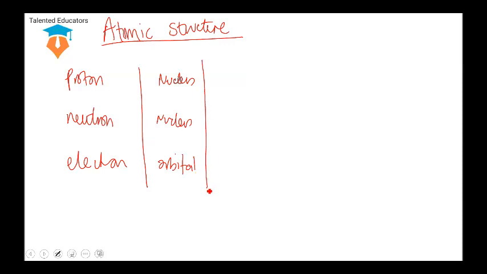Relative mass, we all know proton has 1, neutron is 1, and electron, well, electron varies, but they're very, very small compared to a proton and neutron. So you can either have 1 over 1840, or I know some books have 1 over 2000. They're all right, it doesn't matter, you won't get this wrong. To be honest, I don't think they'll give you an easy question like this in the exam, but if they do, you're right.